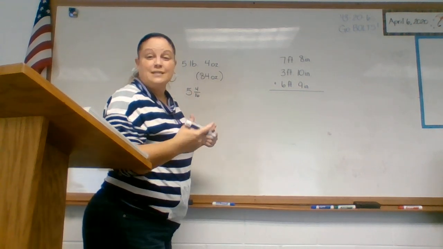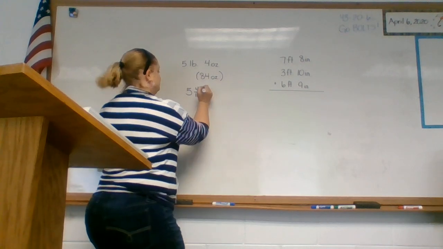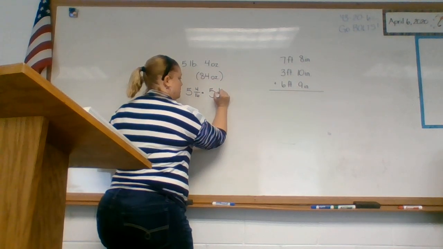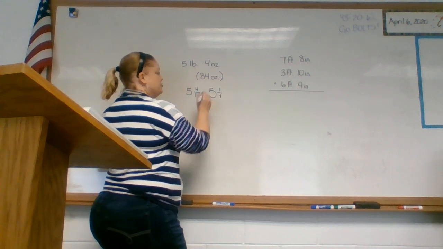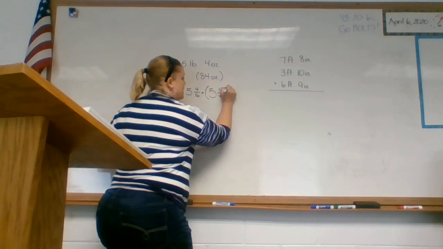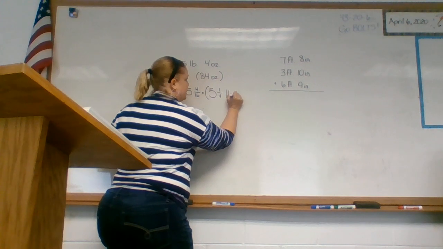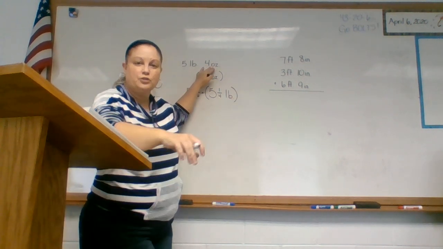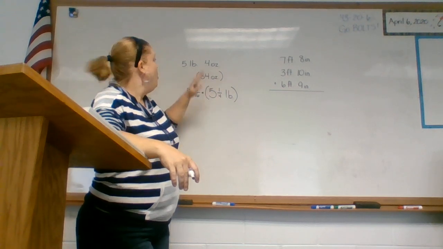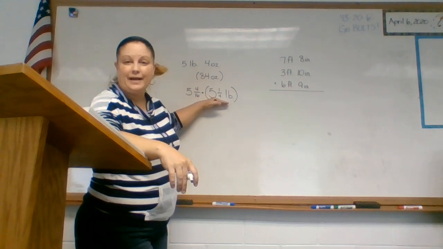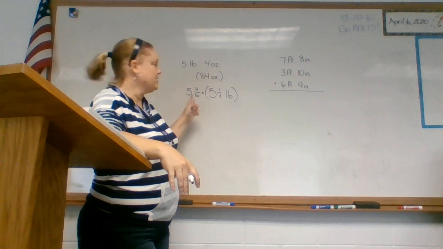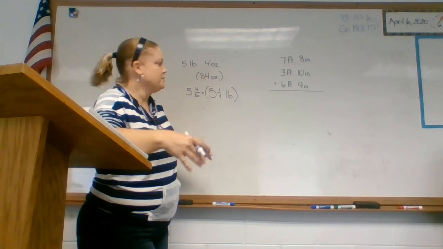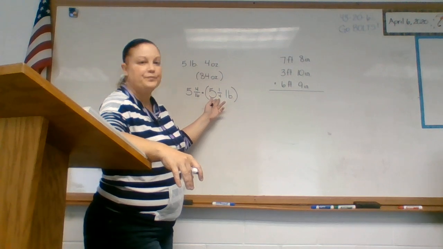All right, we simplify, of course, if we can. So when we're changing it to pounds, that's another way of simplifying it by making a mixed number. So we can simplify it by changing it all to the smaller unit, ounces, or all to the larger unit, pounds, and we make that a mixed number using a fraction. We had 4 out of 16 of the ounces to make the next pound, so it's 5 1/4 pound.